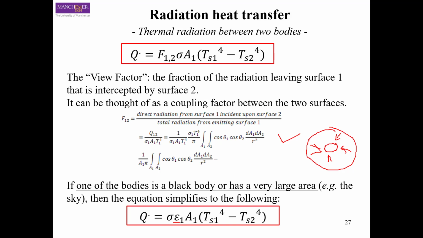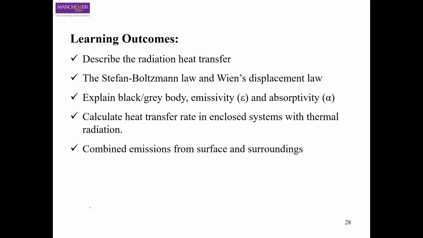And the second is that all the energy emitted by the sun is surrounded around us, so we can assume that all the energy emitted by the sun is actually received by the earth. So we can ignore the shape factor here, and then we have a much more simplified equation. That is a simplification that we normally use to get out of tricky situations. Just by assuming that one body is a black body or has a very large surface area, we can ignore the shape factors. Okay, so that is all for this part and for this lecture.